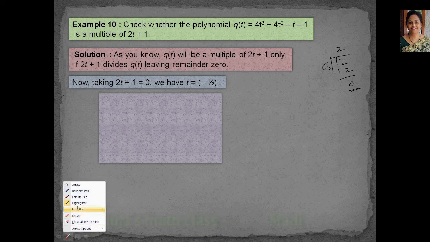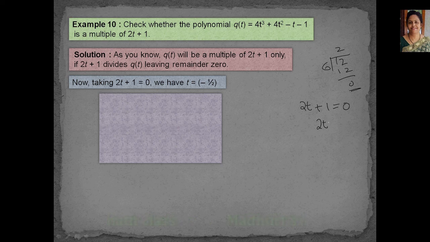Let's show that. When 2t plus 1 is equal to 0, what is 2t? We take plus 1 to the other side, and we get negative 1. So when 2t is equal to negative 1, what is t?